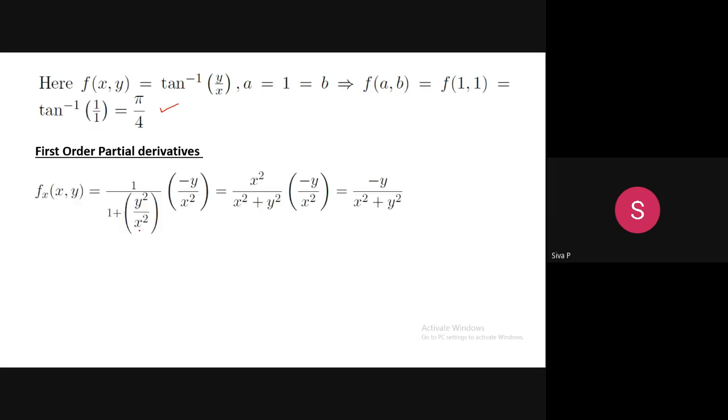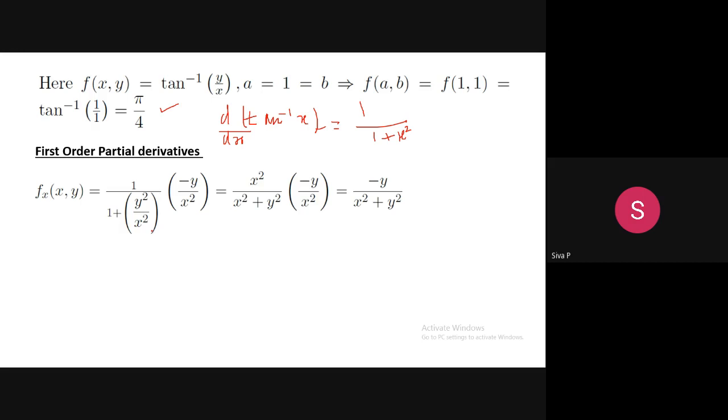The first order partial derivative, fx of x comma y. When solving this, recall that d by dx of tan inverse of x is 1 by 1 plus x square. That is the general formula. So we write 1 by 1 plus y square by x square.